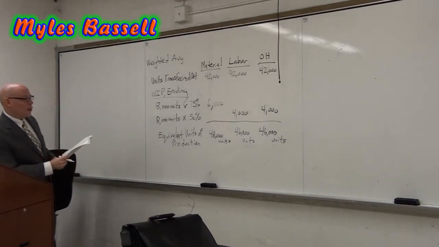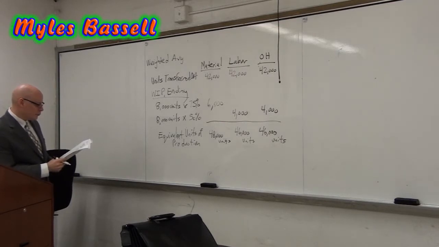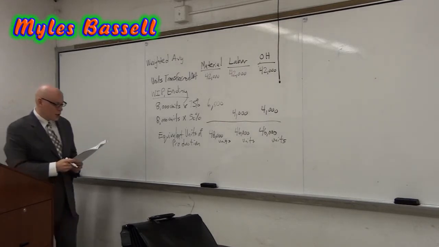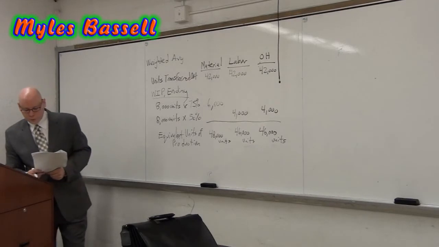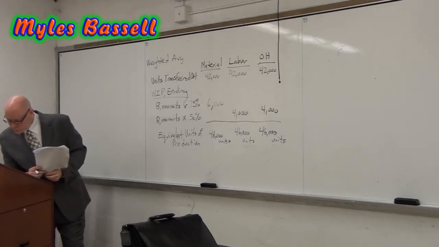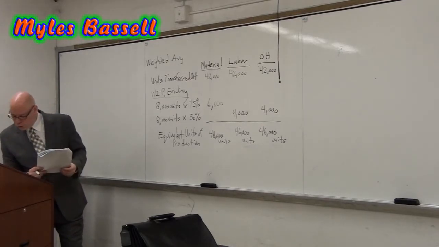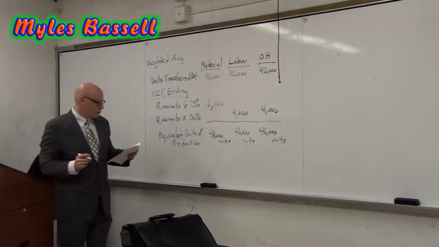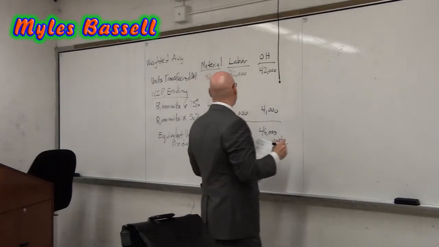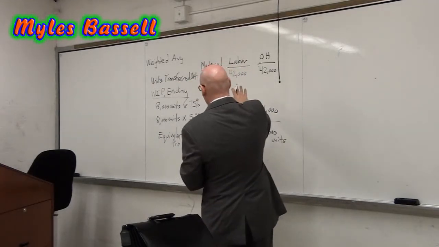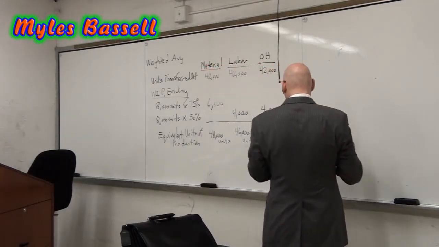So now that we have the units, we're going to use the cost information that we have to get the cost per equivalent unit. So all of this is units. Now we're going to look at dollars.